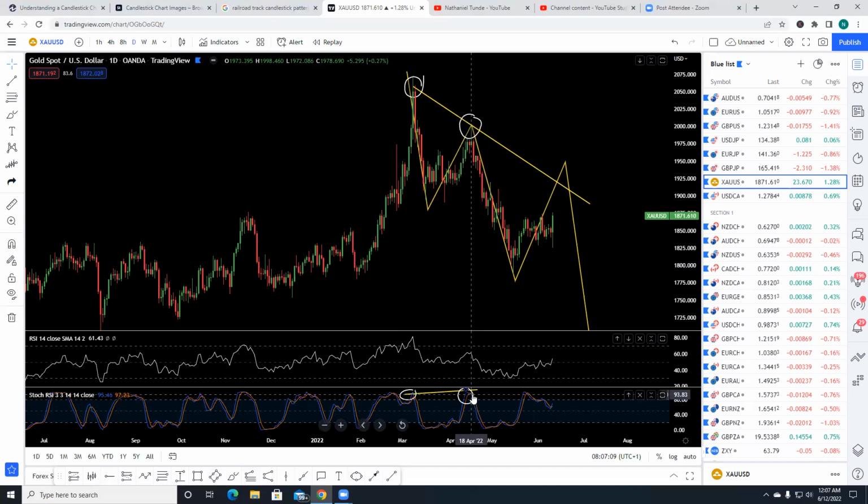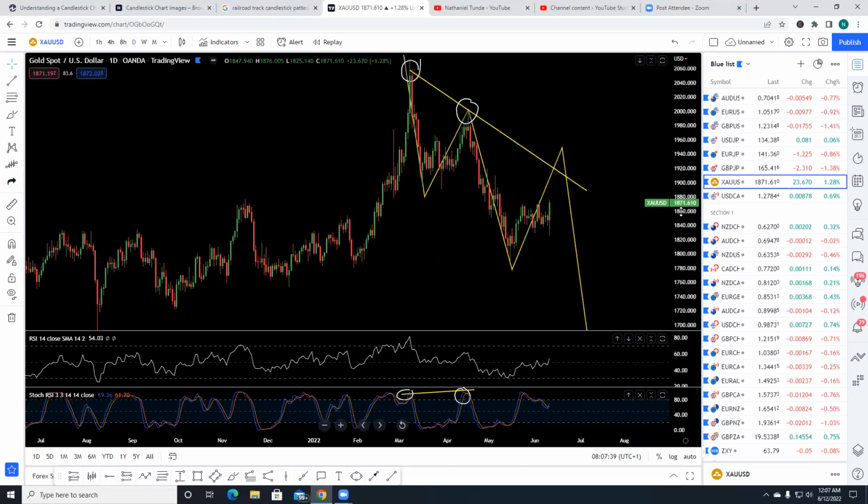This price is better to sell at than here, because the push to the downside if we sell from this area is going to be greater than the one we realize from this area. That is the interpretation of bearish hidden divergence.